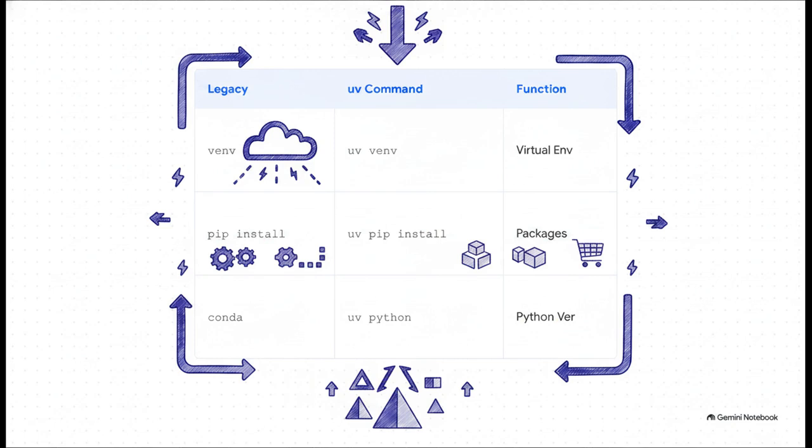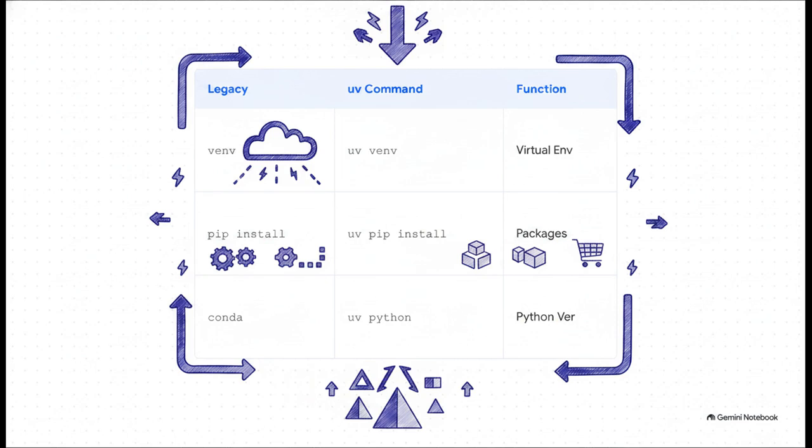That familiar pip install just becomes uv pip install. It's that easy. But it actually goes even further than pip's core functionality. Say you need to install and manage separate, different Python versions, which is a task usually reserved for a heavy tool like Conda, you can just use uv python install. It literally consolidates package management, virtual environments, and Python version management into one single unified tool.